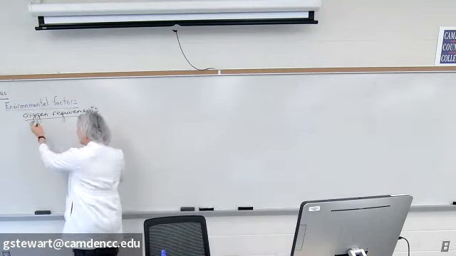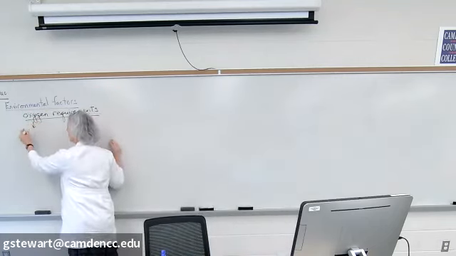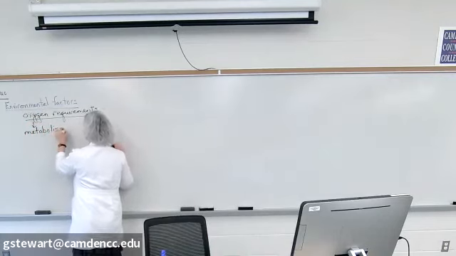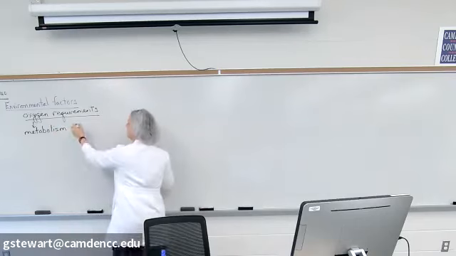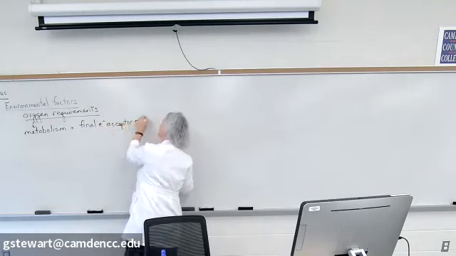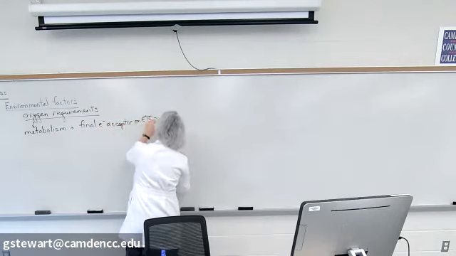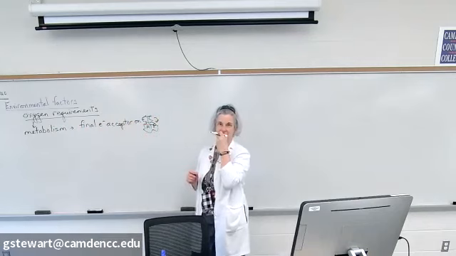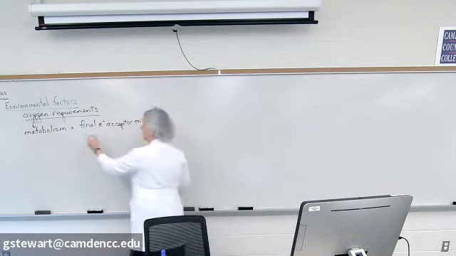I need you to think about oxygen being required for metabolism, Chapter 8 again, as the final electron acceptor on the electron transport chain to make ATP. Right? We know that story. Aerobic respiration, right?